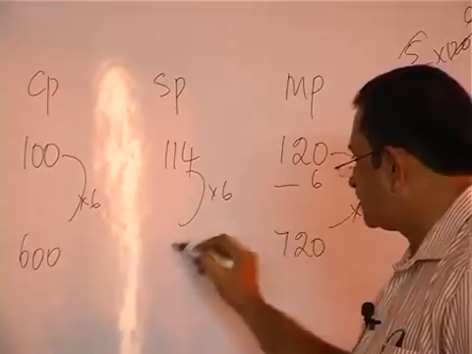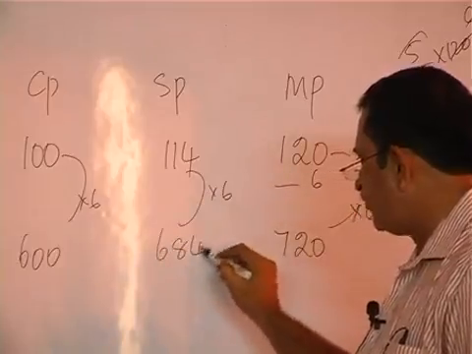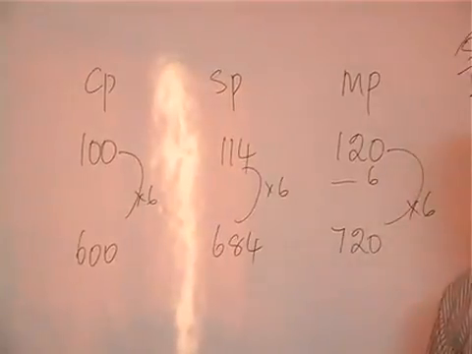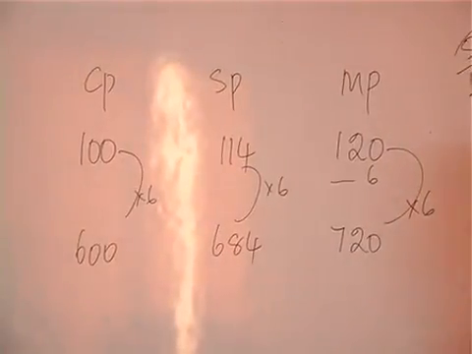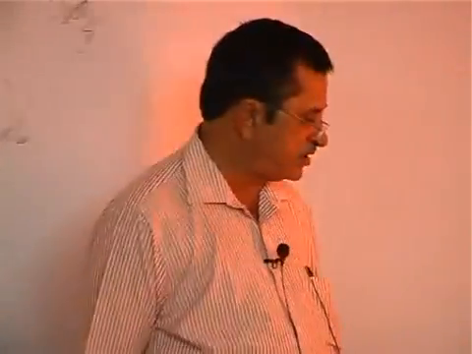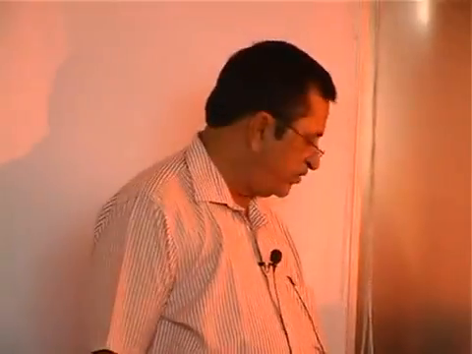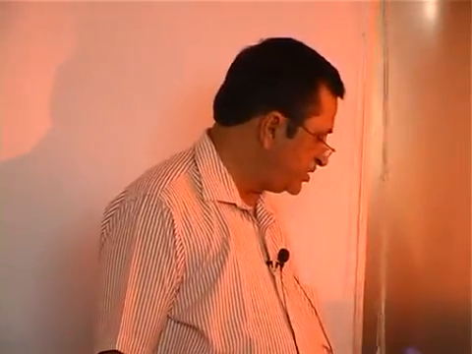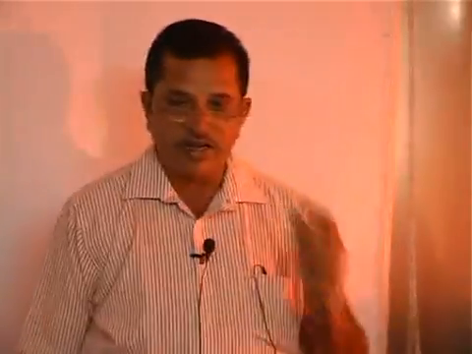Into 6 means 684 should be the selling price. 720 is the market price. Profit percent he asked? She asked only the profit. The profit is 84 rupees.